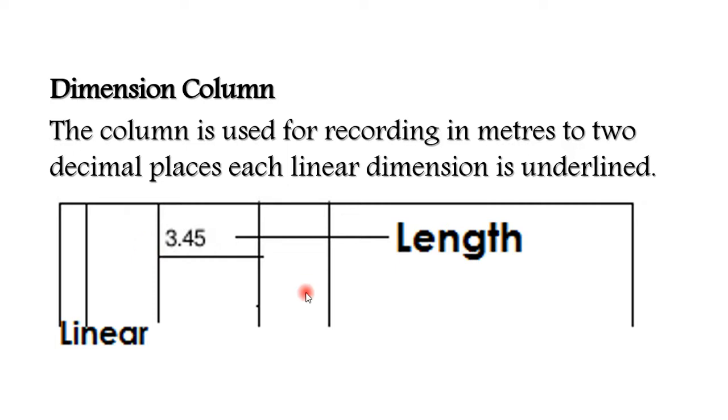So normally, whenever you are entering the dimensions here, they are entered in the order of length, breadth, and height. But if you have just one dimension, and it has been underlined, in this case it is linear. It means that it's the length of whatever you're measuring.